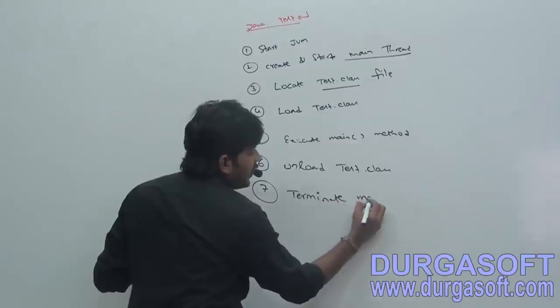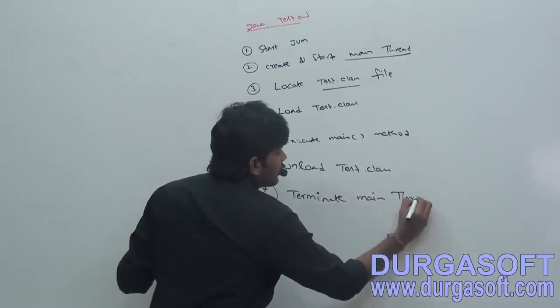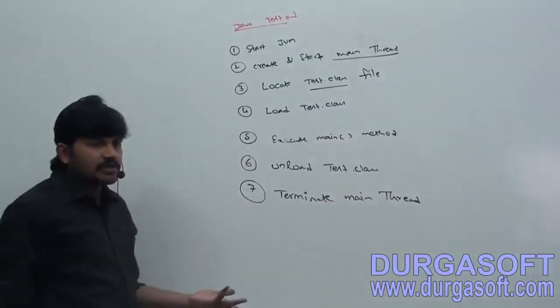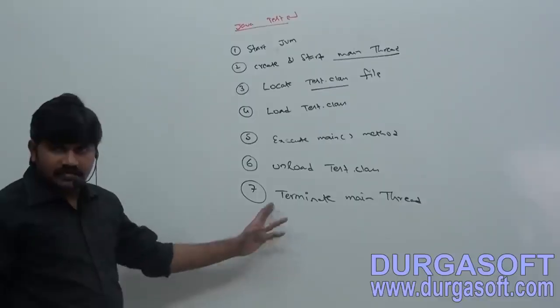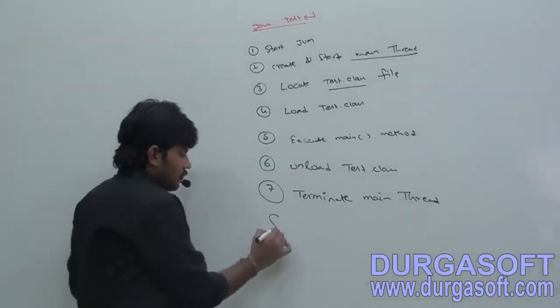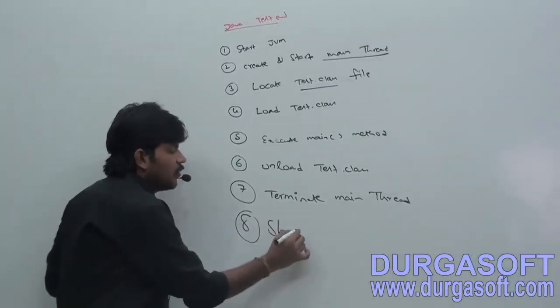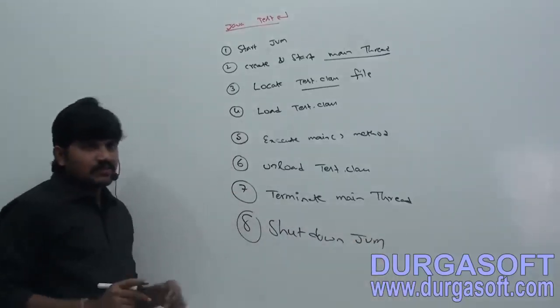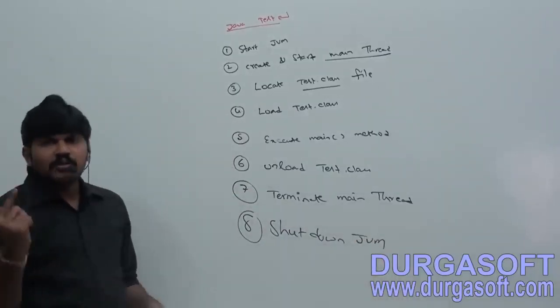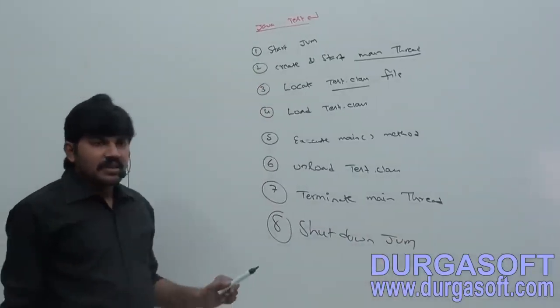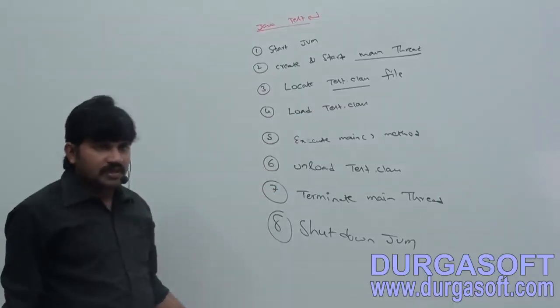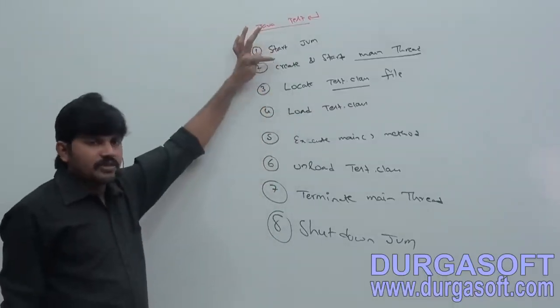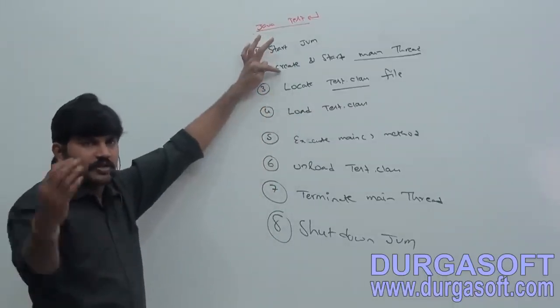Are you getting it? Terminate main thread, because the job of the main thread is already completed by the JVM. Last one, shutdown JVM. Do you know, in a simple activity, Java Test, how many things happen internally? Sir, the JVM will be started. JVM is responsible to create and start the main thread.